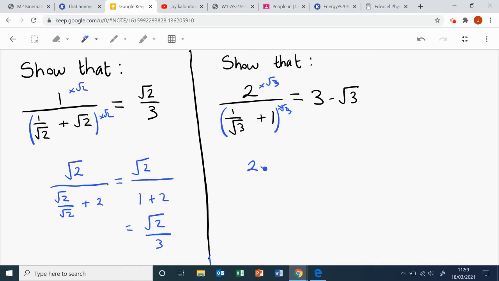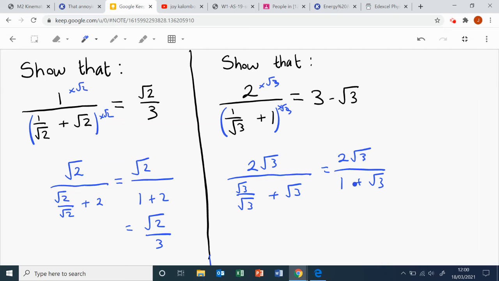We have 2 root 3 all over, and then we have root 3 times 1 over root 3, which becomes root 3 over root 3, plus root 3 times 1, which is root 3. That becomes 2 root 3 all over root 3 divided by root 3. Again, anything divided by itself is going to be 1, so that's going to be 1 plus root 3.